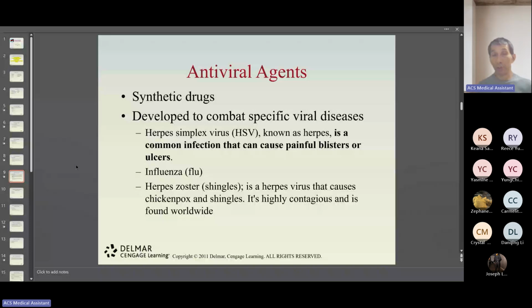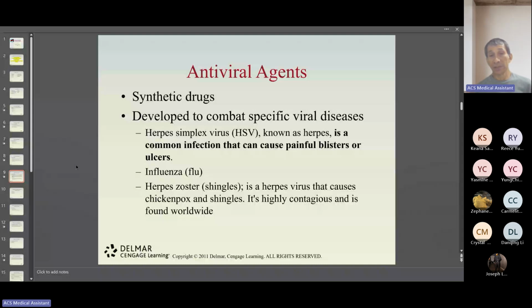It will be dormant, meaning kind of inactive. But whenever your immune system goes down, whether due to other immunocompromised conditions or infections, this virus is going to be activated and you're going to develop those blisters, very painful ones.